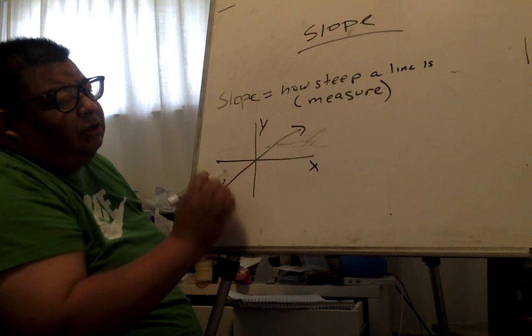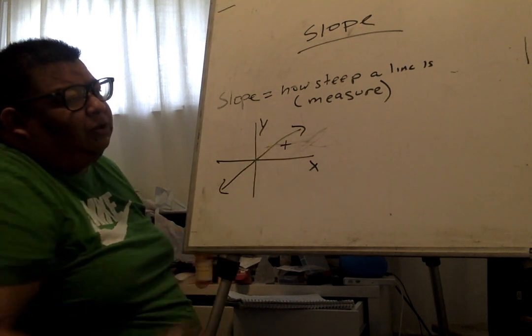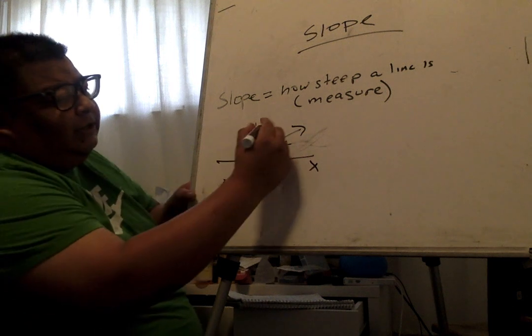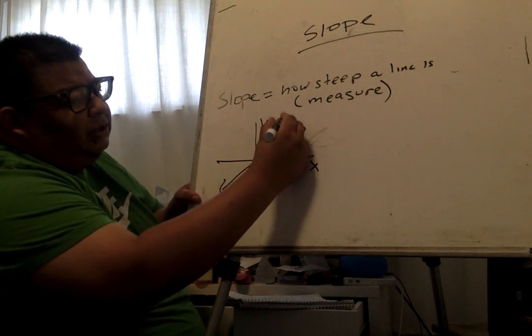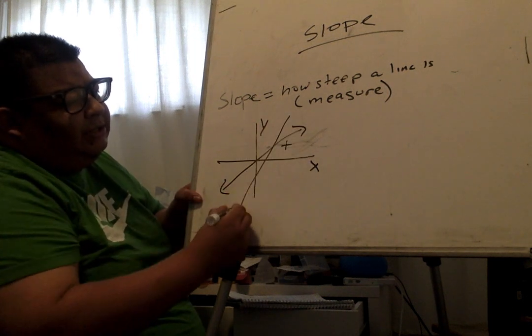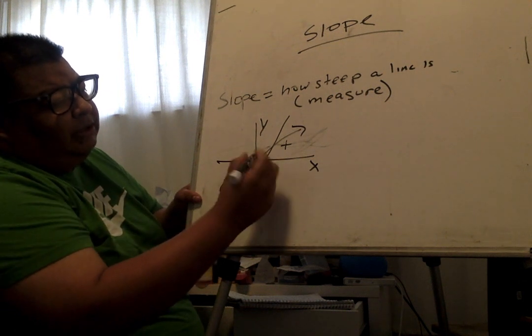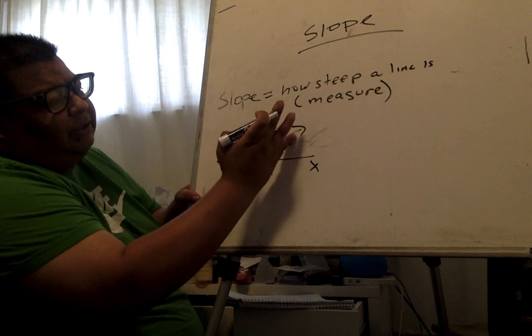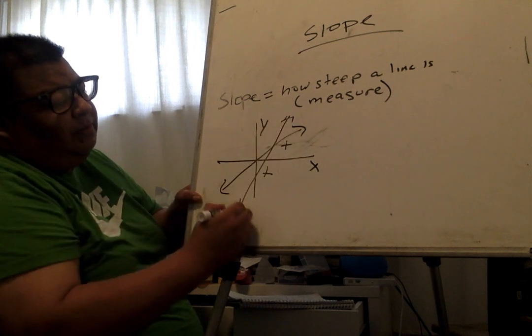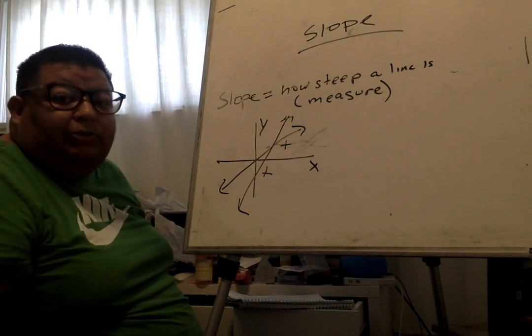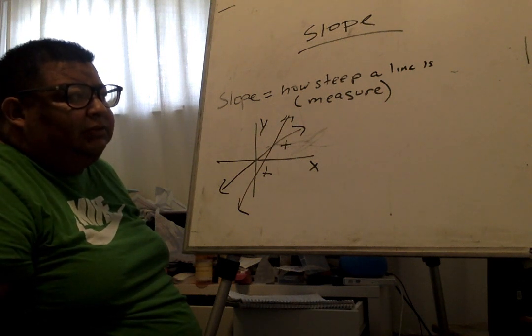A line that goes like this is steeper because look, it's still positive, but it's steeper than this one. That means that it's a larger slope. So the larger the slope, the steeper the line is.